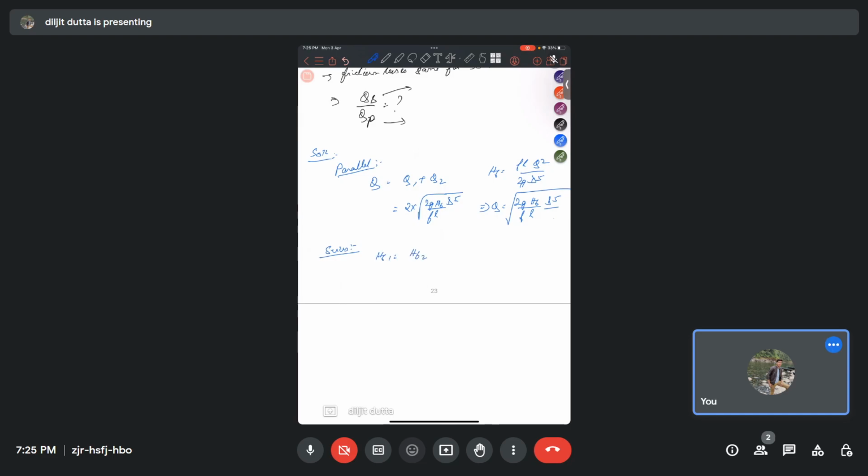Now for the series connection, what we have, HF1 is equal to HF2. So if we form based on HF1 only, since we have assumed the same HF, for series the total head loss is equal to 2 into HF.